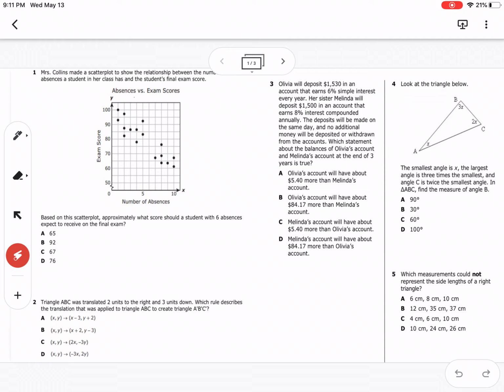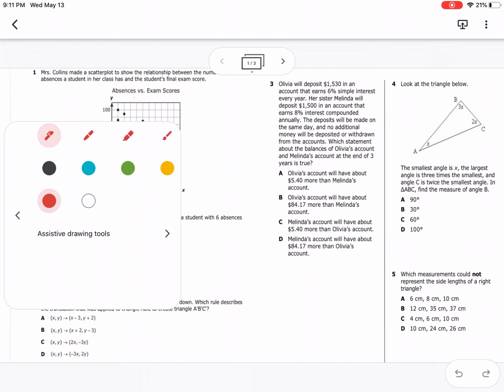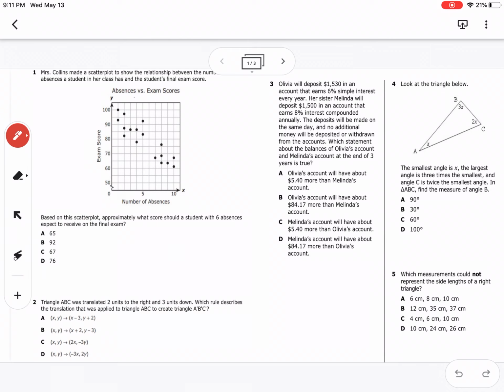So, the number of absences is on our x-axis and the exam score is on our y-axis. It says 6 absences, so we have our 6 lands right here. If we follow up here, our dot should be somewhere around here, right?